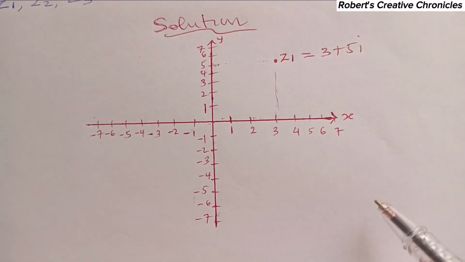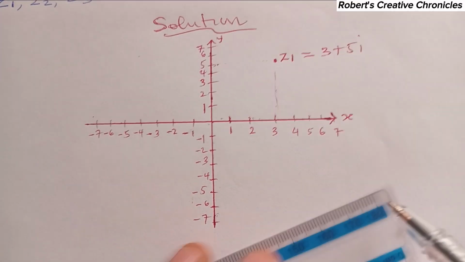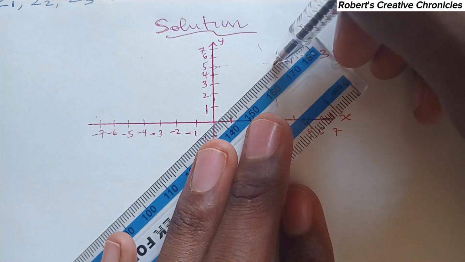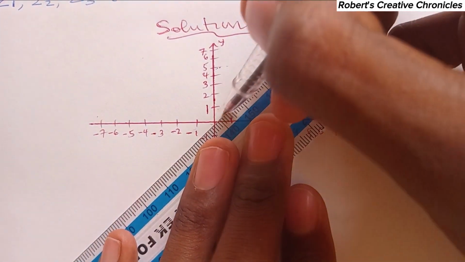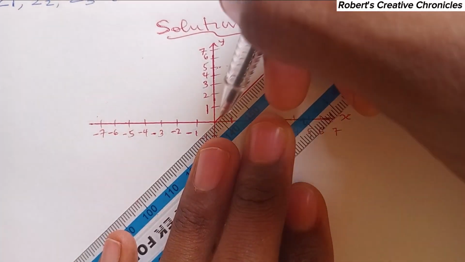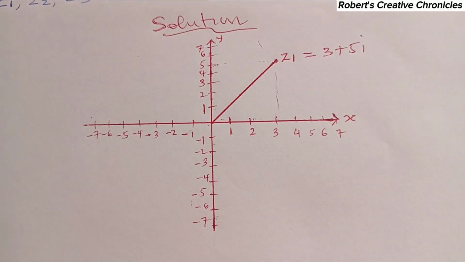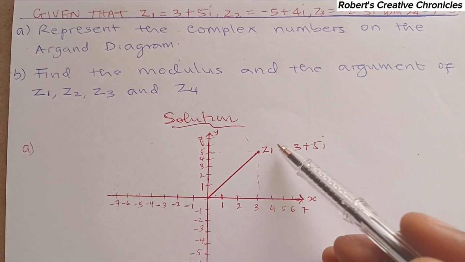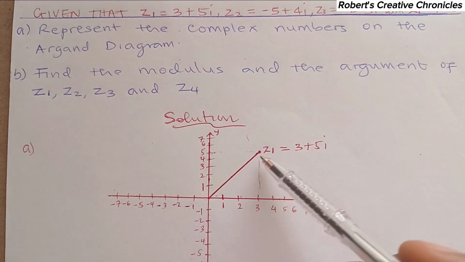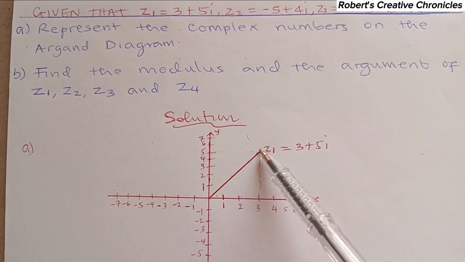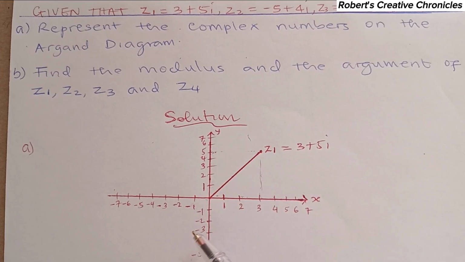Then we'll join it to the origin. So this is z1. The x component is 3 and the y component is 5.